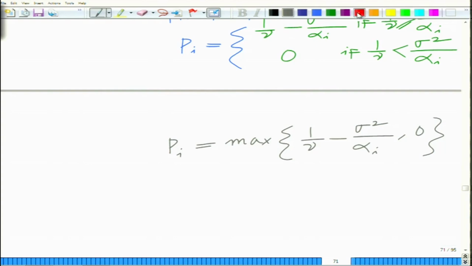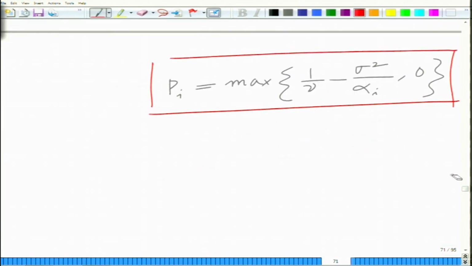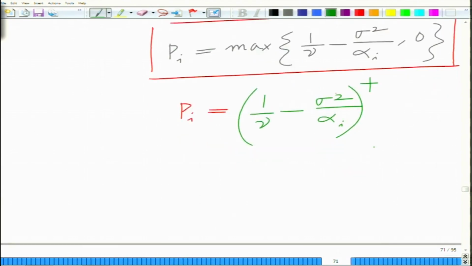So, power Pi equals the maximum of 1 over nu minus sigma square by alpha I and 0, and typically this is represented as Pi equals the optimum power, which is 1 over nu minus sigma square by alpha I plus, where x plus equals x if x is greater than or equal to 0, and 0 otherwise, that is, if x is less than 0.